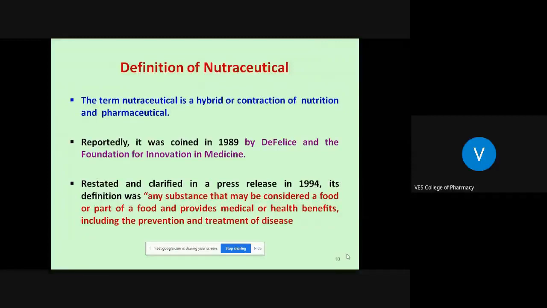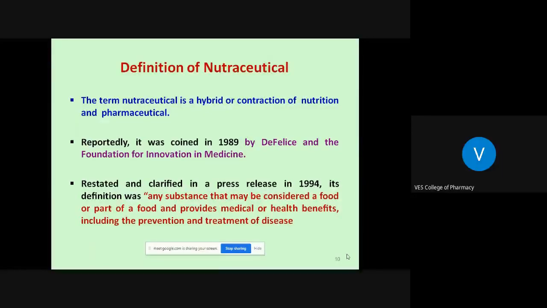He clarified and restated it in a press release later, in the year 1994, and the definition of nutraceutical is stated as under. A nutraceutical is any substance that may be considered a food or a part of food, and it provides medical or health benefits, including prevention and treatment of disease.